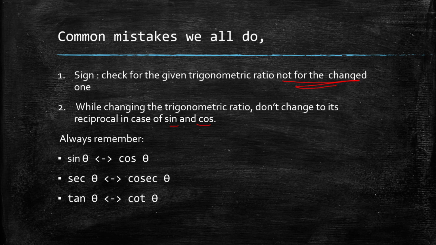Usually they change sine into cosecant and cos into secant. Always remember sine changes to cos and vice versa. Secant changes to cosecant and vice versa. In case of tan, there is no confusion at all. So tan changes to cot and cot changes to tan.